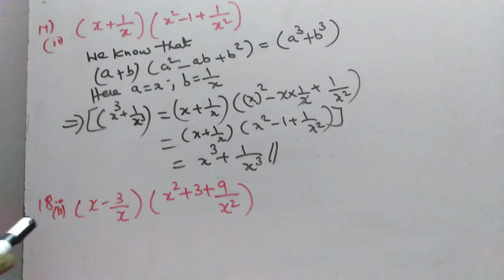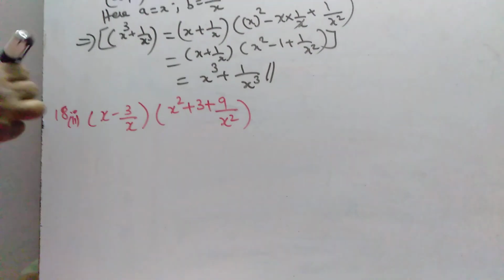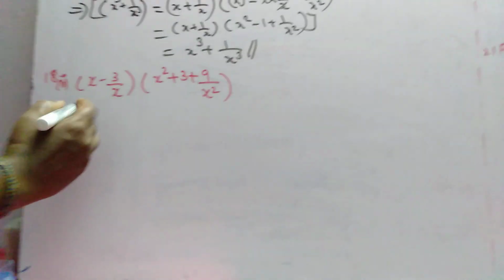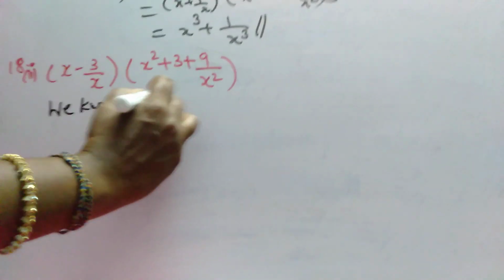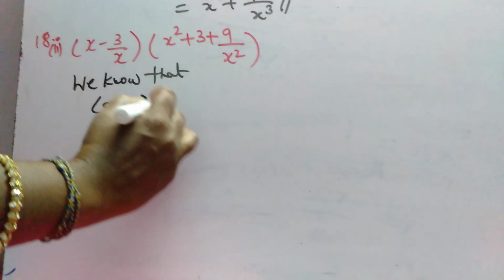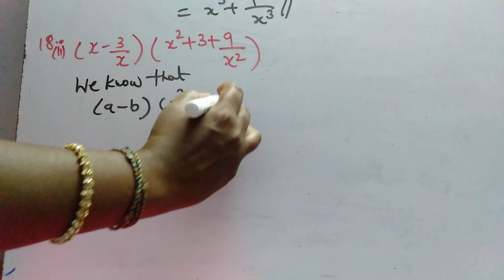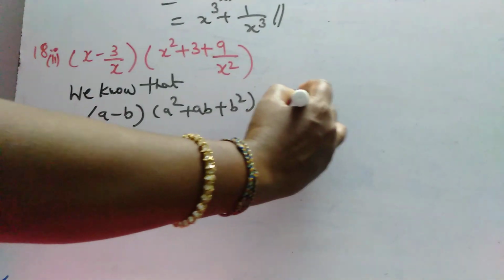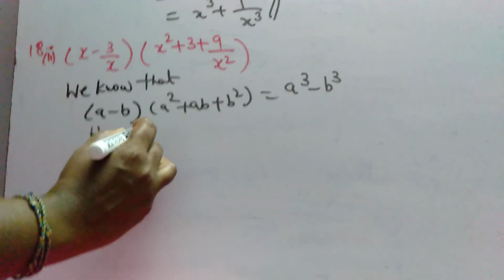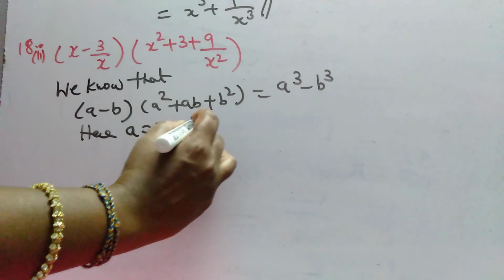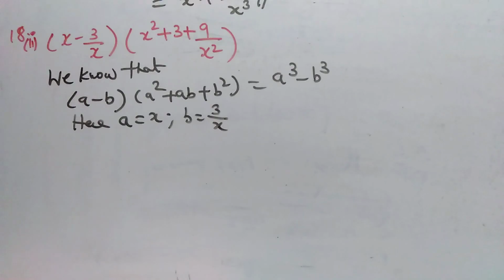Okay, next question is 18, second subdivision. We know that this is also in the form: (a - b)(a² + ab + b²) equals a³ - b³. Here a equals x, b equals 3/x. Right?